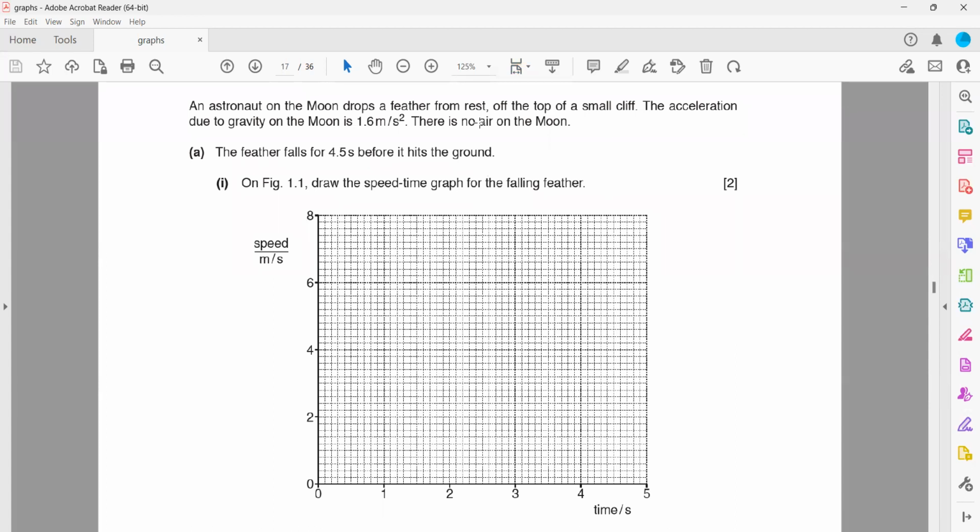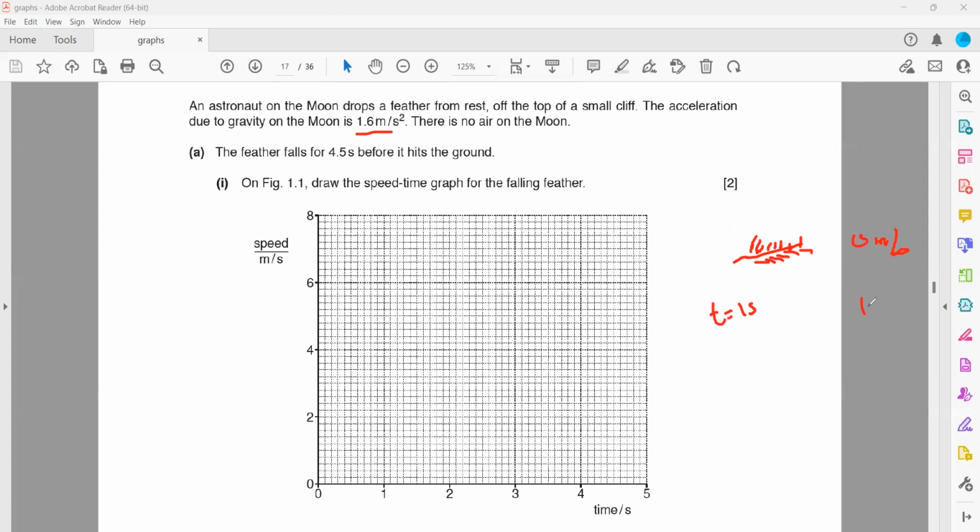An astronaut on the moon drops a feather from rest. So what is the starting speed? 0. The acceleration on the moon is 1.6. Acceleration means the rate of change in velocity, how much the speed changes every second.